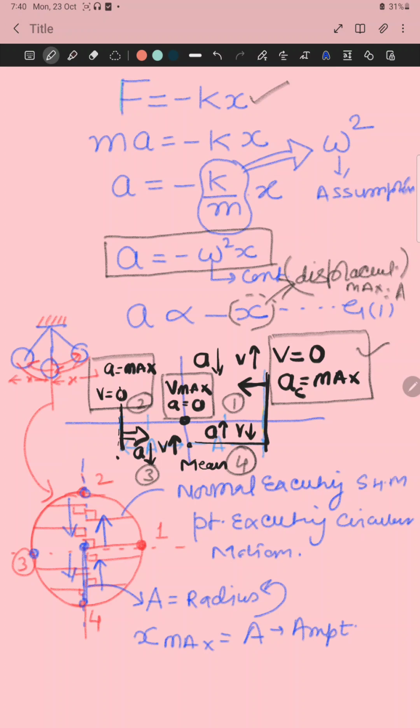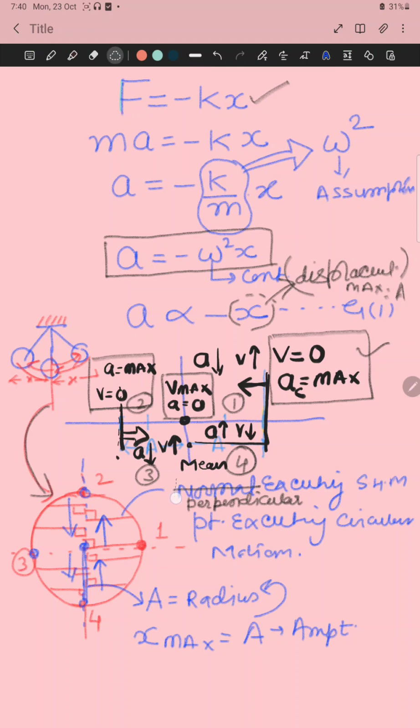And here we have seen how the acceleration and velocity vary. And I have compared the pendulum motion with the reference circle equation, where we have seen the particle executing circular motion and the perpendicular executing simple harmonic motion. Here, rather than normal, we can say perpendicular, because normal is not a correct term.